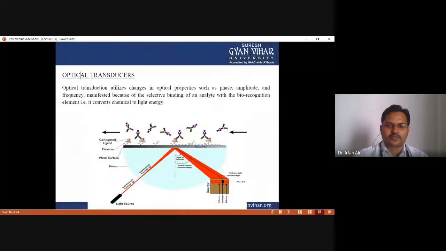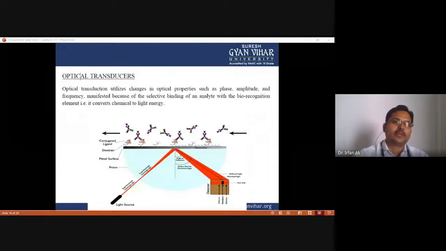And the optical transducer. So the optical transducer, as the name suggests, utilizes changes in the optical property such as phase change, amplitude change, frequency change, because of the selective binding of an analyte with the biorecognition element, or it can convert the chemical energy to light energy.